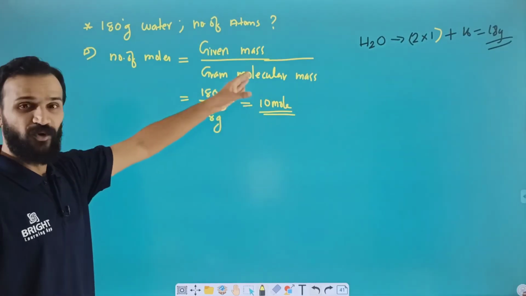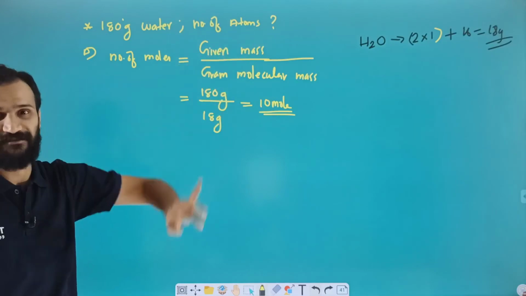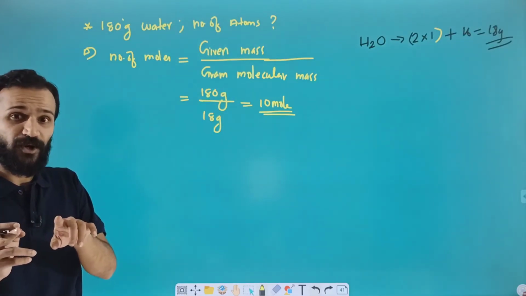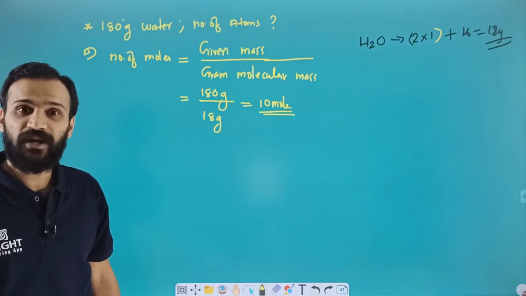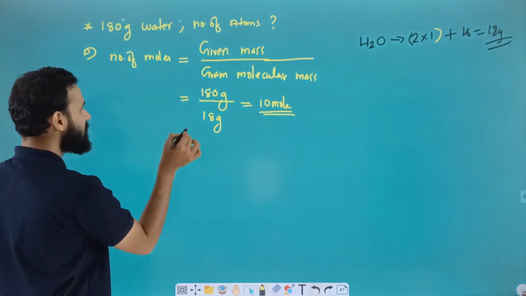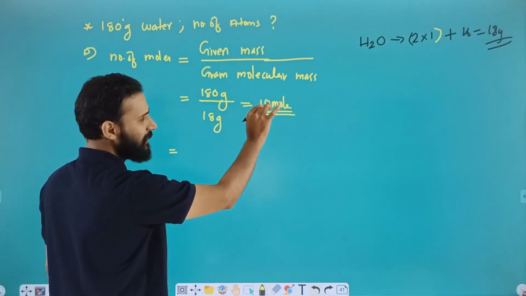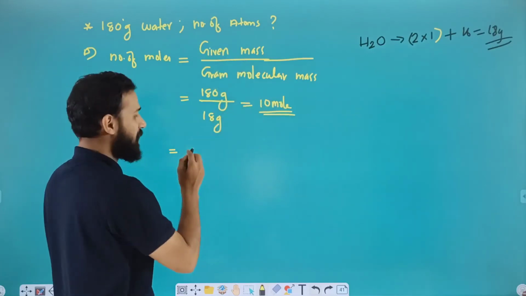So the number of moles is obtained, and the question is about the number of atoms. How can we get the number of atoms? Number of atoms is equal to number of molecules into atomicity. How can we calculate the number of molecules? Very simple. Number of molecules is equal to number of moles into Avogadro number.